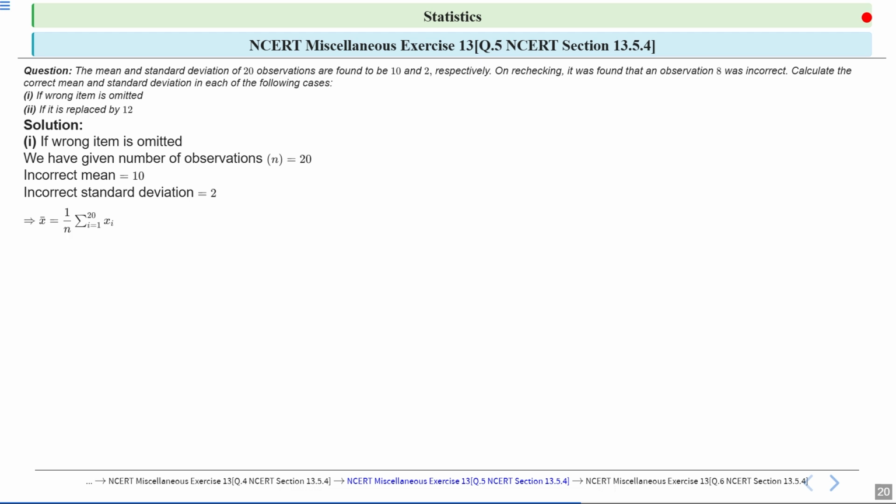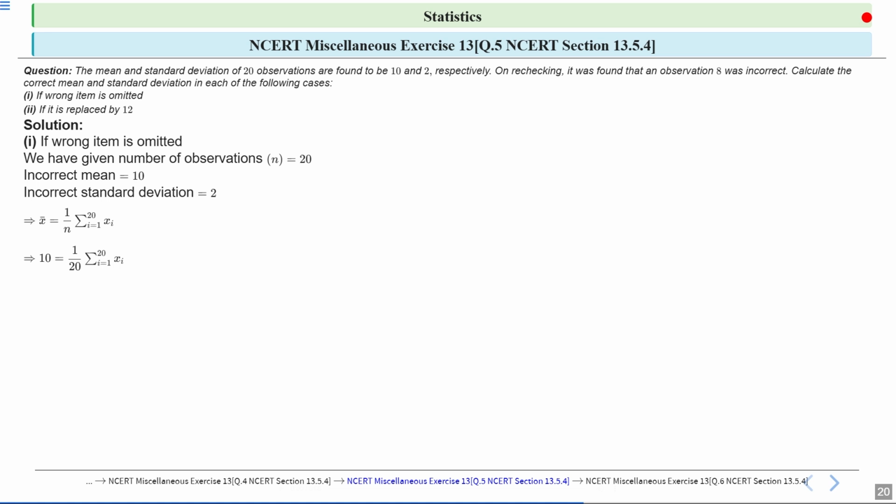Let's recall the formula for mean. The mean, written as x bar, is equal to the sum of all observations divided by the number of observations. In symbols, that is x bar equal to 1 divided by n, summation from i equal to 1 to 20 of xi. Now let's substitute the values we know into the mean formula.